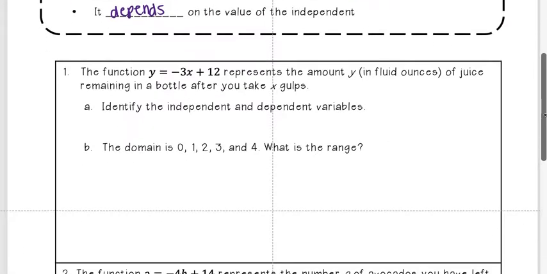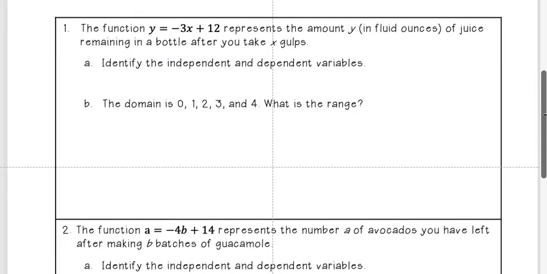Okay, so let's look at an example. The function y equals negative 3x plus 12 represents the amount y in fluid ounces of juice remaining in a bottle after you take x gulps. So first I want to identify the independent and dependent variable. Well, the independent variable is going to be my x, and that is gulps.